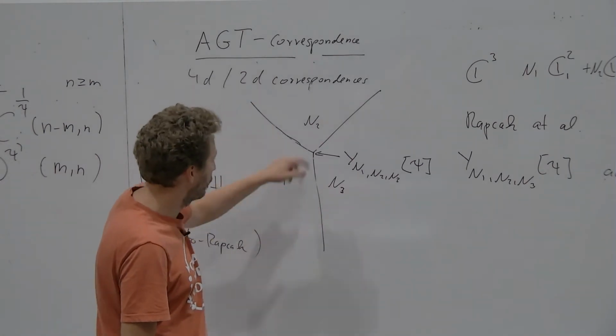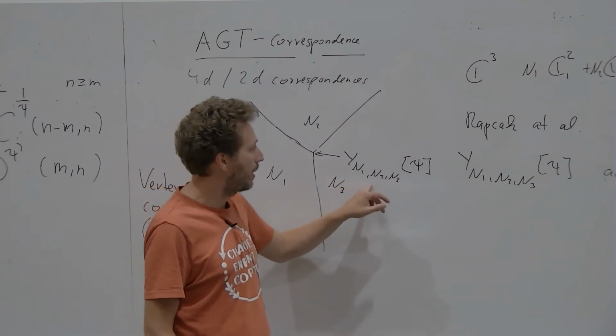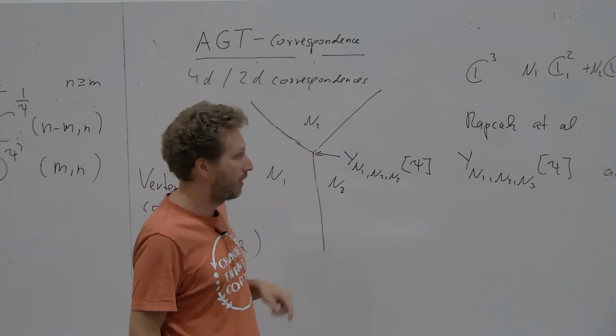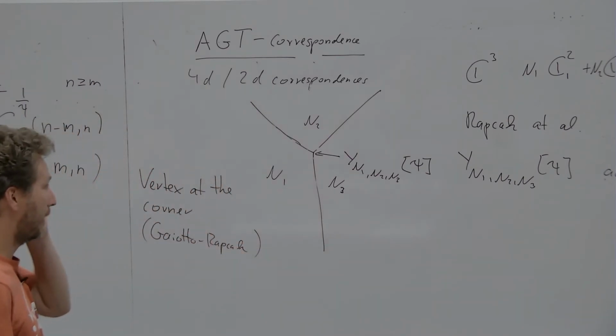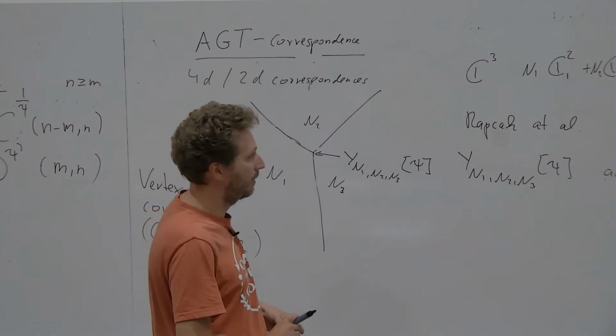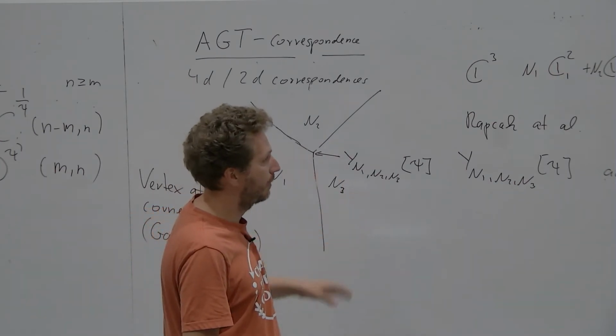But if I rotate it, I would get the Y, N3, N1, N2 algebra, and maybe the rotation also involves a change of coupling constant somehow. Apparently it does.